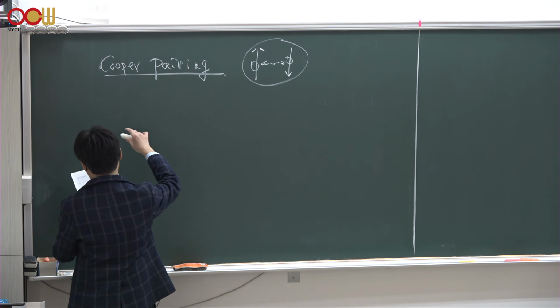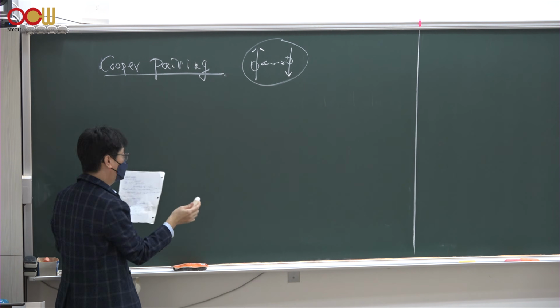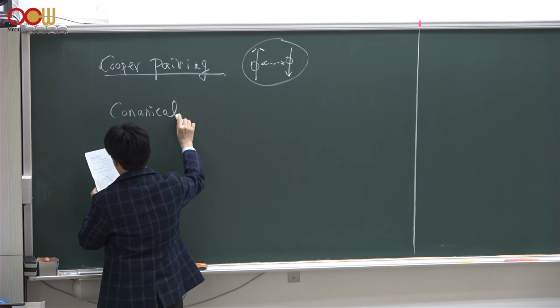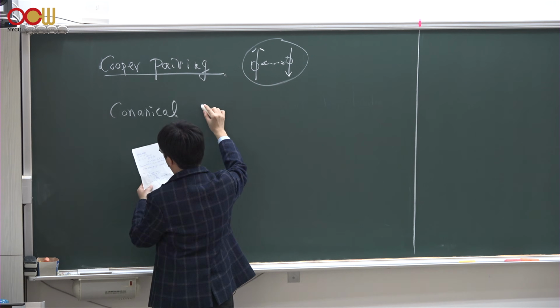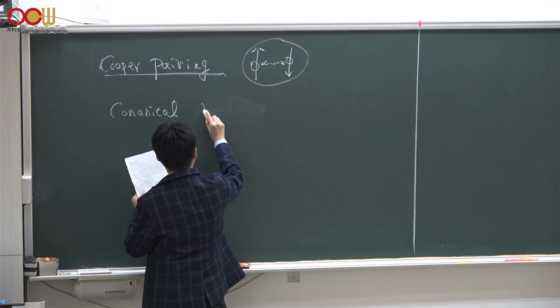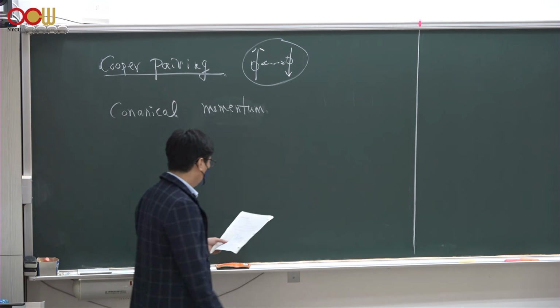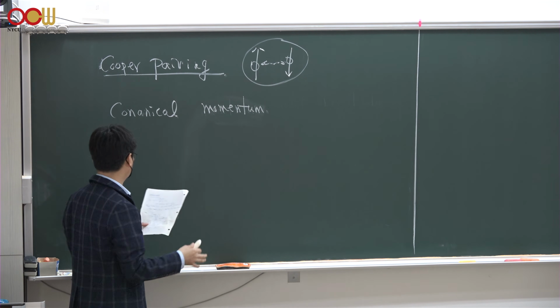To see this Cooper pair, we need to go back to classical mechanics and classical electrodynamics. In both, we know there's a difference between the so-called canonical momentum and m times v, which is the naive definition of the momentum.